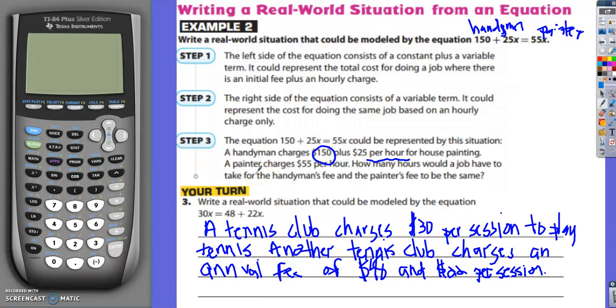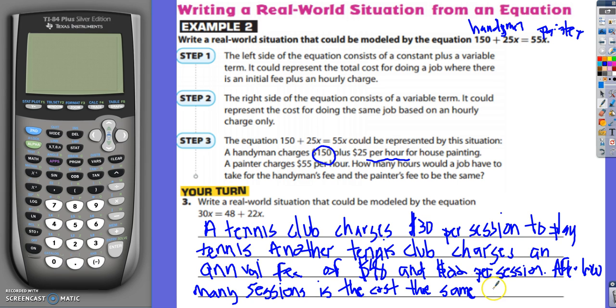So we want to know after how many sessions is the cost the same at the two clubs?